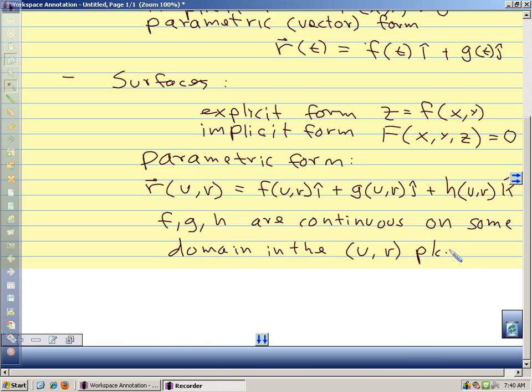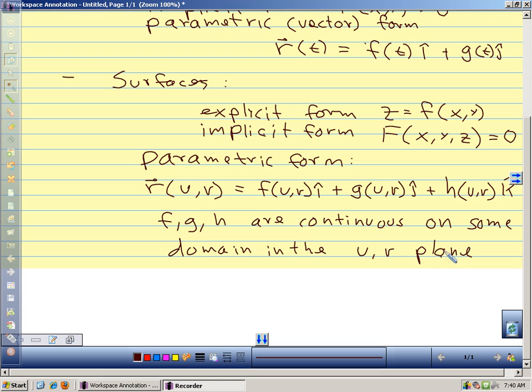So this r of u and v is our parametric equation for our surface. I'm sorry, r is a parametric surface. We refer to r as a parametric surface, and f, g, and h are parametric equations for the surface.